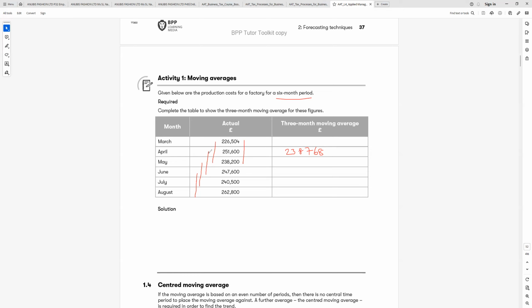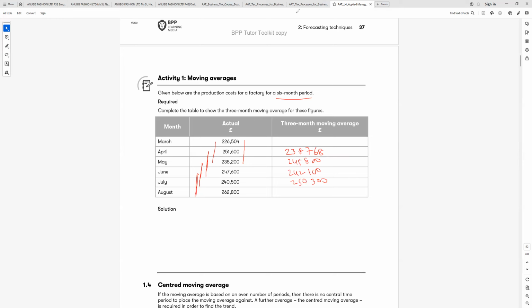So these 3 divided by 3 will give us 245,800. Then we do the next 3, that will give us 242,100, and the final 3 divided by 3 gives 250,300. And this is called the 3-month moving average.